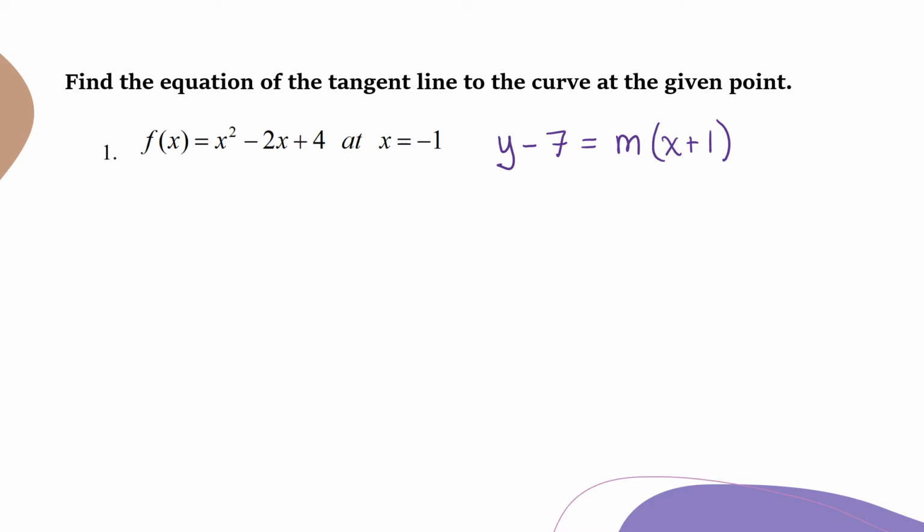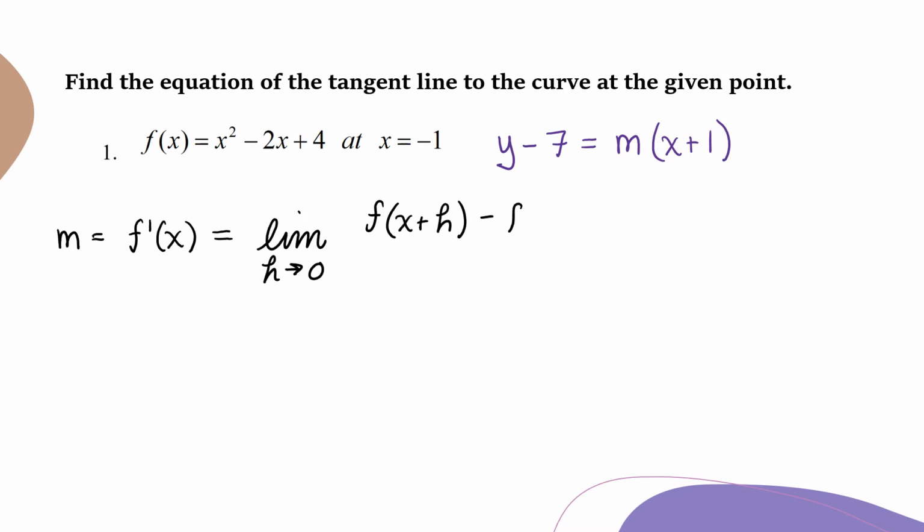So we have that m will be equal to f prime of x. And that's equal to the limit as h approaches 0, because I'm going to start with the definition I prefer, of f of x plus h minus f of x all over h. And eventually we'll want to find that at -1. But for now, let's just find our general derivative.